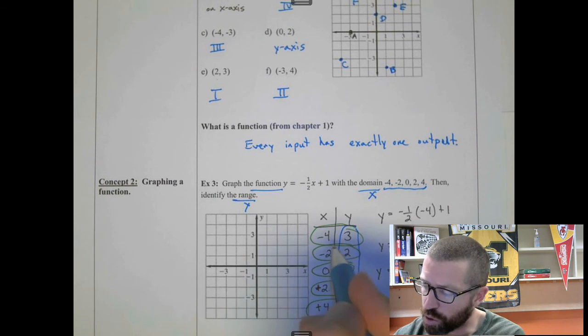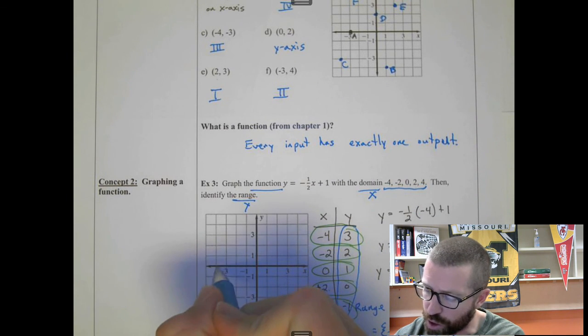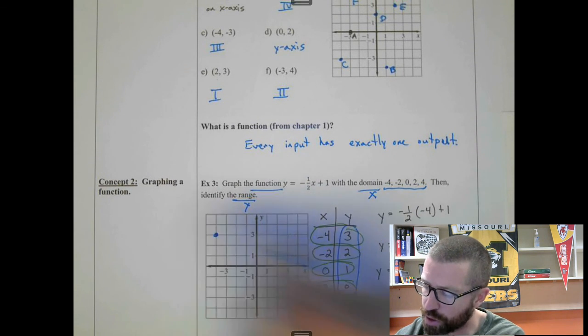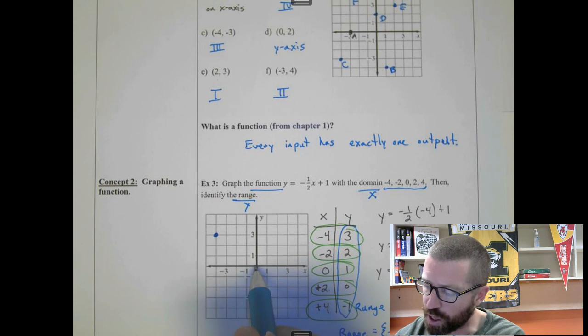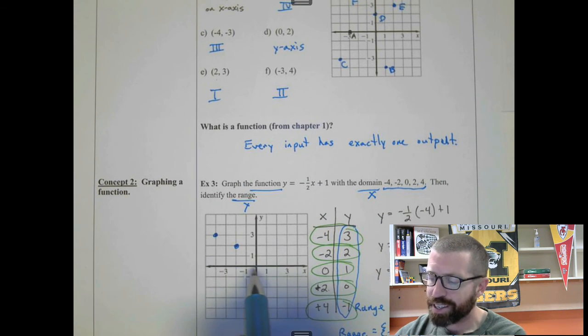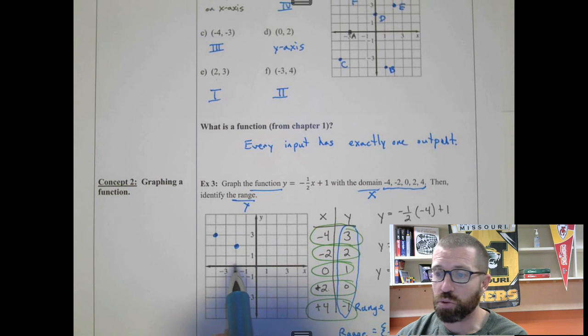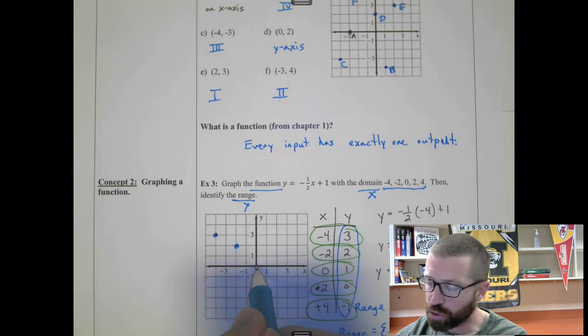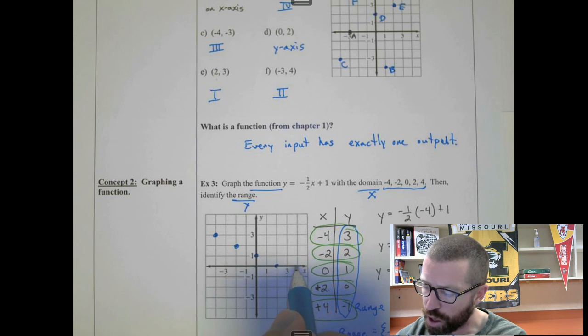Okay, so -4, 3 would be left 4 and up 3. -2, 2 would be left 2 and up 2. And do not put that middle point there. There's no point here. You go -2 and then up 2. 0, not left or right at all, and then up 1. Right 2, up or down 0, and then right 4, up or down -1.